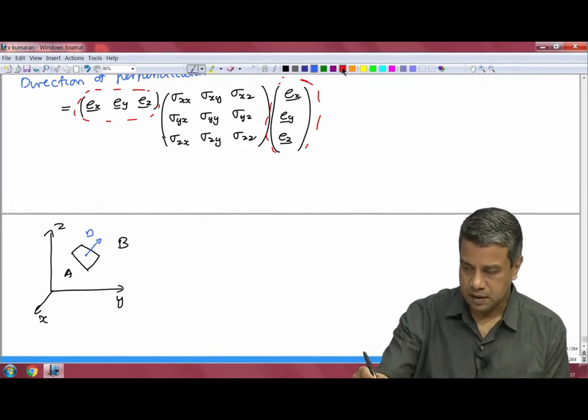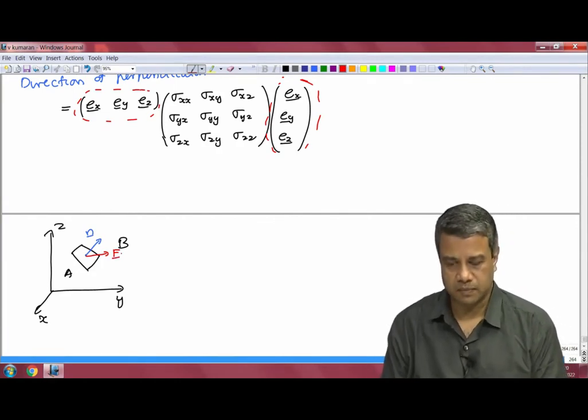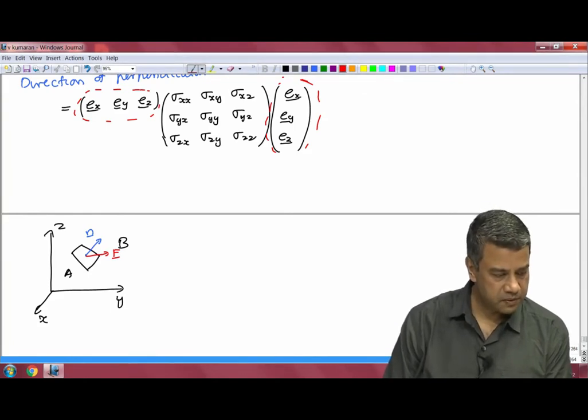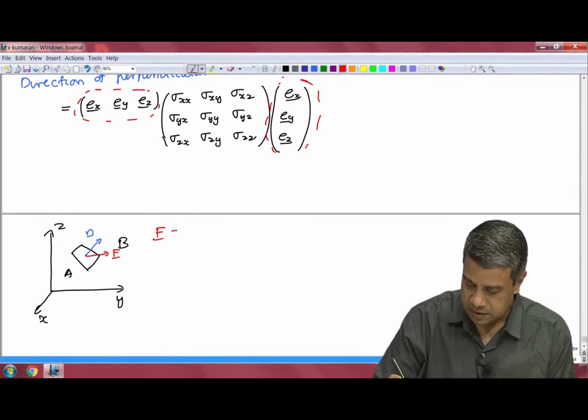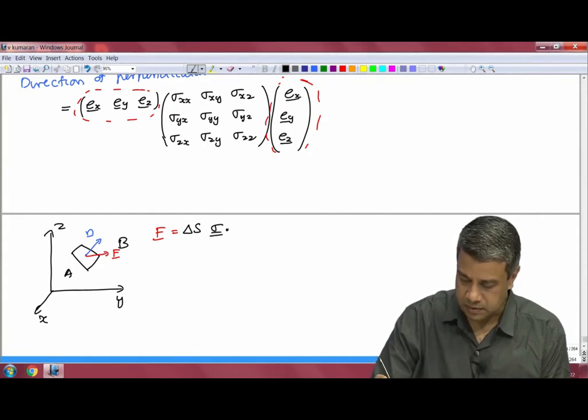And at this surface there is some force that is exerted by the volume B on the volume A. This force is equal to the area delta S times this tensor dotted with n.